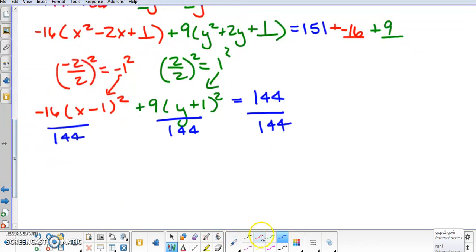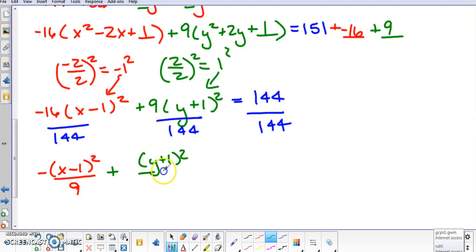Here, negative 16 over 144 reduces to negative 1/9. So I've got x minus 1 squared over negative 1/9. And then here, 9 over 144 reduces to 1/16, so I've got 1/16. And this equals 1.